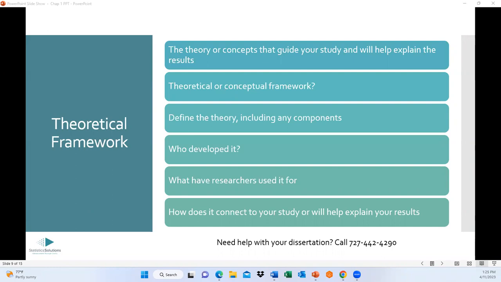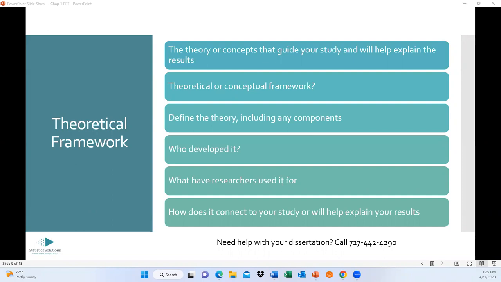So how to handle this section? What you want to do is start off by defining your theory, right? Let's just take an example. You're going to conduct a study on emotional intelligence and transformational leadership. You want to see if those two things are related. Sometimes it's easy to figure out your theories.